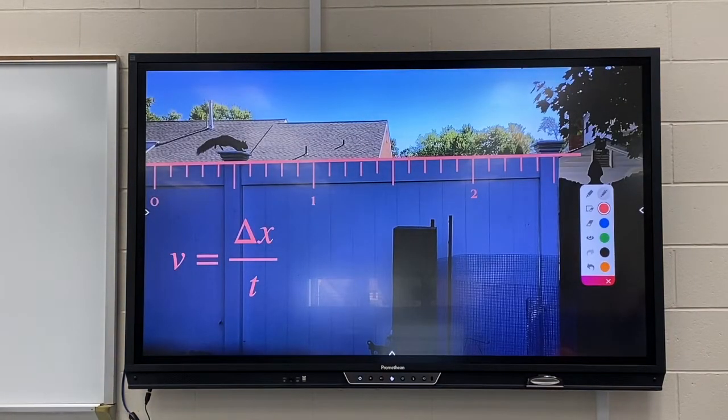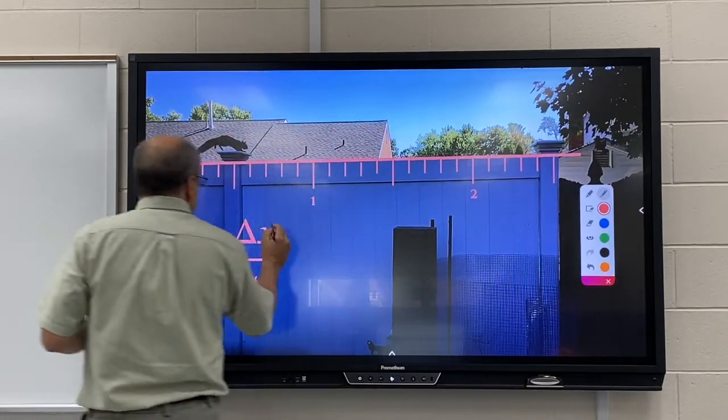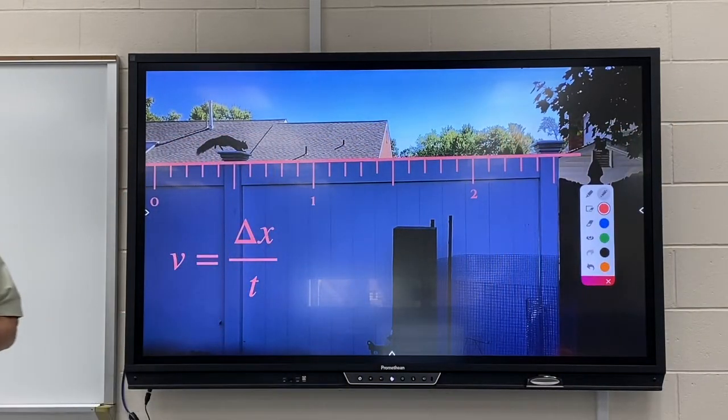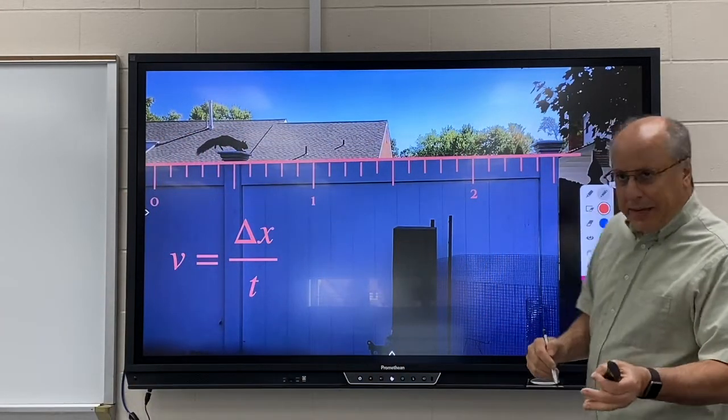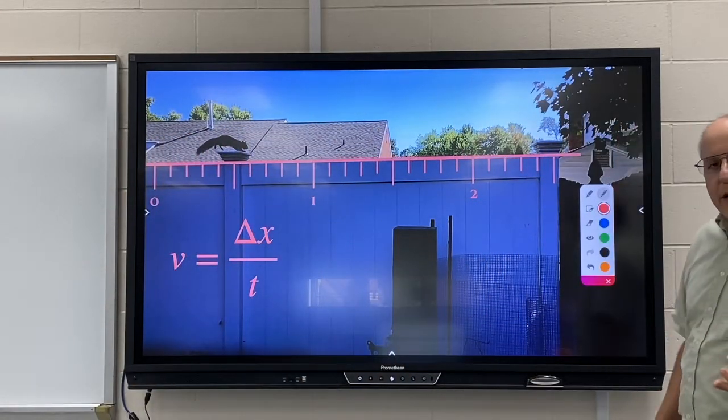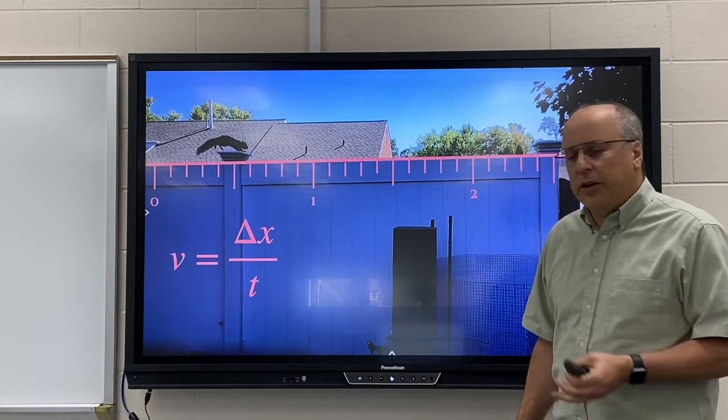Okay, so how do we deal with our squirrel? Well, instead of writing speed, we're going to use the letter V for velocity. Instead of writing distance, we're going to write it as delta x. Later, we will see that this is called the displacement. It might be helpful to write it down now, even though we're not going to focus on it too much.